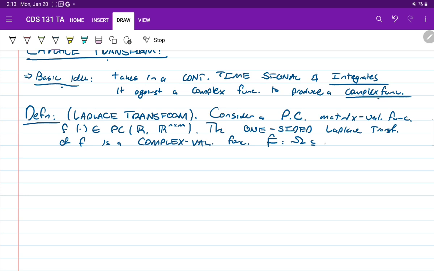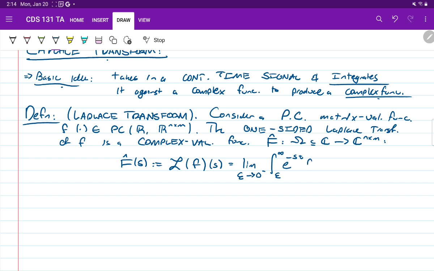This maps from Omega, which is a subset of C, into C^(n×m). And this function f hat is defined as f hat of s equals L of f of s, where L denotes Laplace. This is defined as the limit as epsilon approaches 0 from the left of the integral from epsilon up until infinity of e^(-st) f(t) dt.